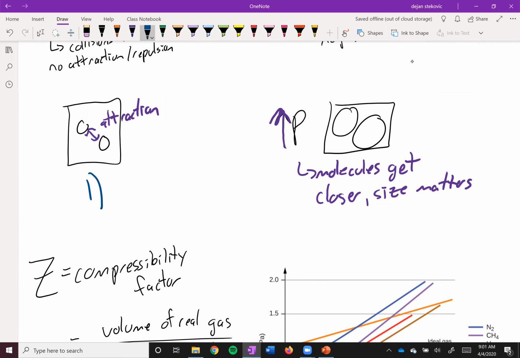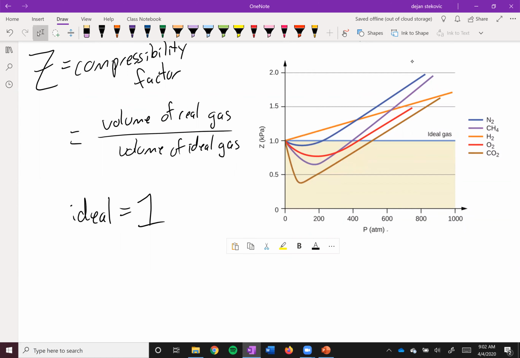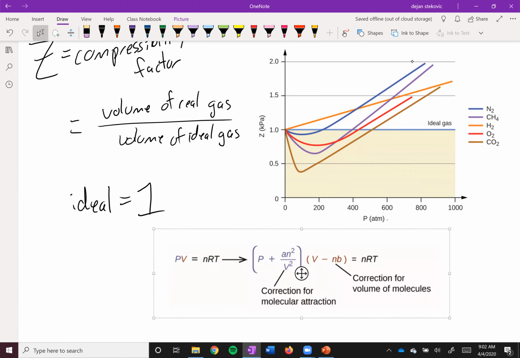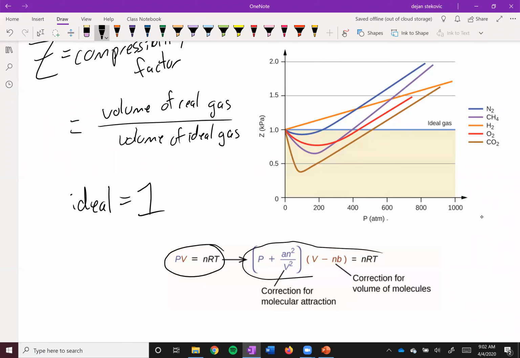So we can write an even more complicated version of the ideal gas law, which takes this attraction and this volume into account, right? You can see we transform PV equals nRT into this more complicated version, but you still have P, you still have V, you still have nRT. We just add corrections for this volume and this attraction.